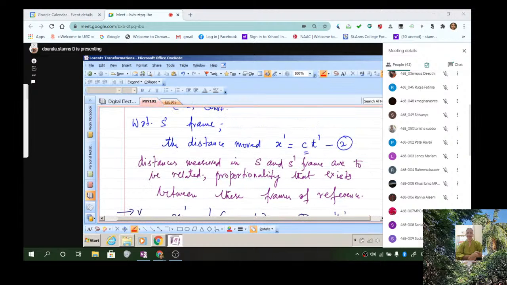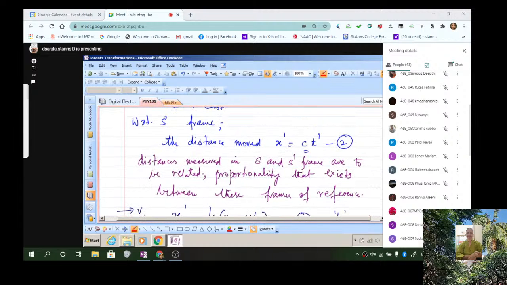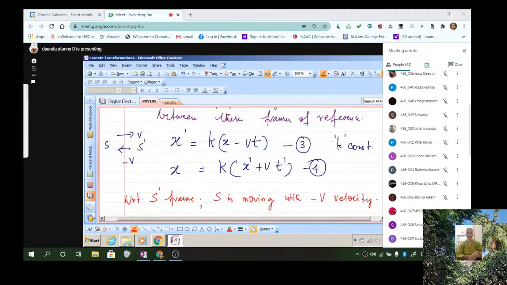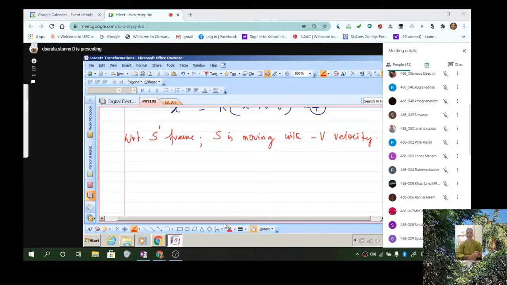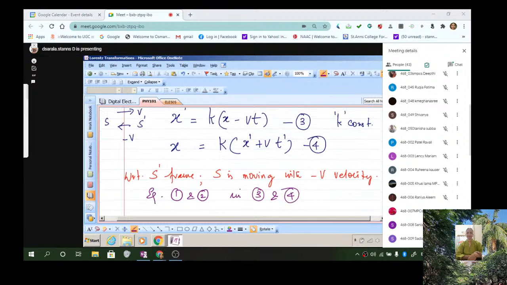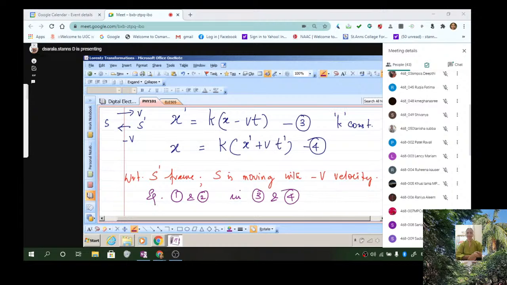And you already know what is x prime and what is x from equations 1 and 2. So let us substitute equations 1 and 2 simultaneously in 3 and 4. That means in place of x, what should I write? I should write ct.